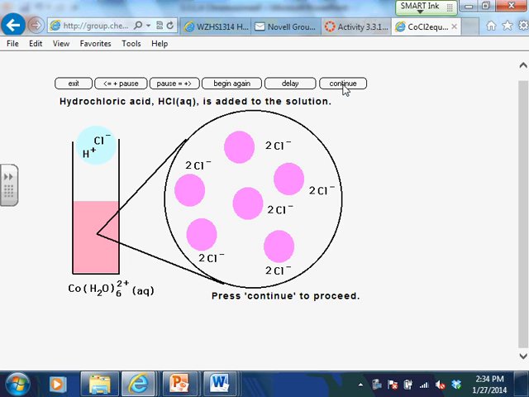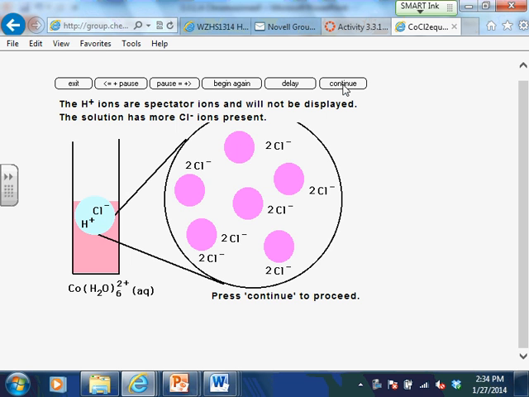But then let's say that we add hydrochloric acid to the solution. Okay, so now the first question on this animation, it says, how does adding Cl minus ions to the cobalt complex change the reaction conditions? Okay, so now we put the HCl in there. The H plus are just spectator ions, so we're going to leave those out just so you can see the chloride ions a little bit better.